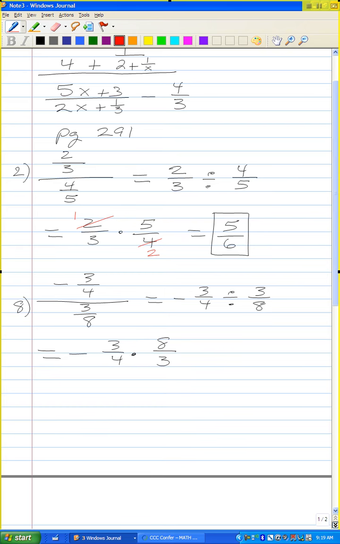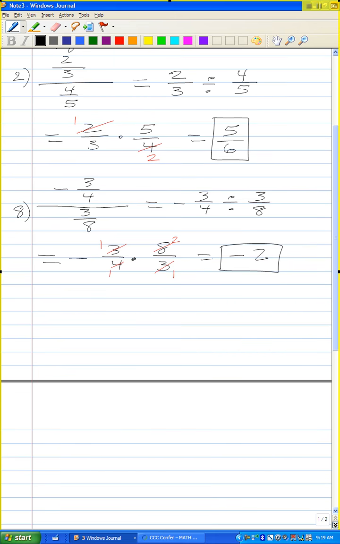And I can do some cancellations. The 3's cancel. 8 divided by 4 is 2. And so I have here a negative 2 divided by 1. And so I can simplify this to a negative 2.